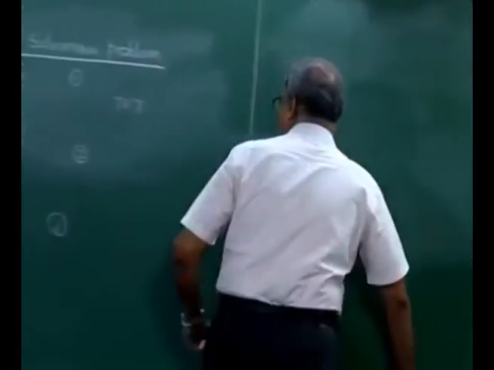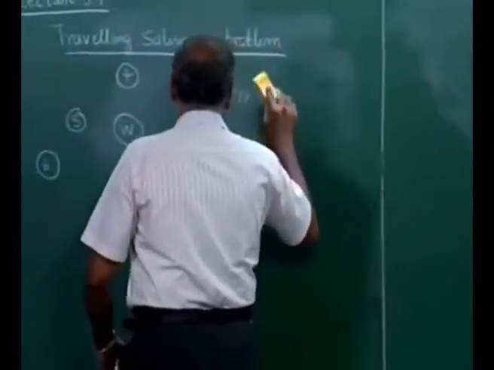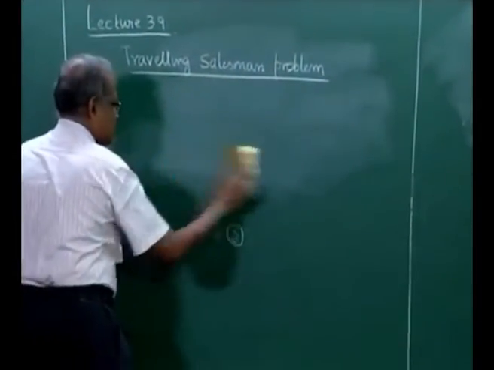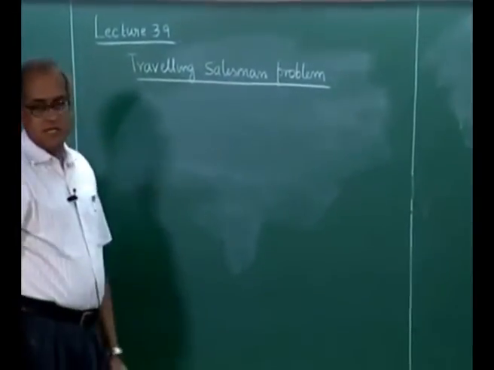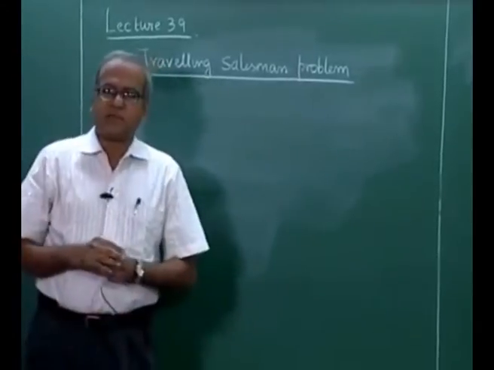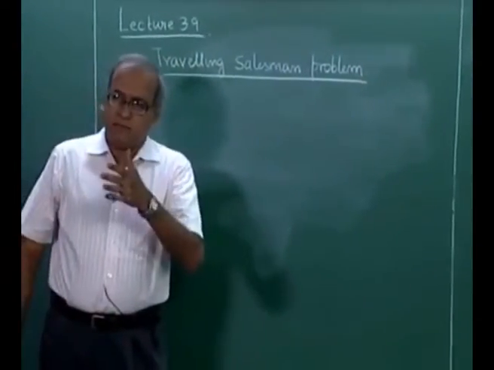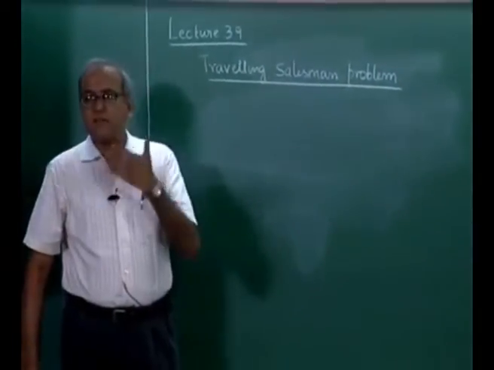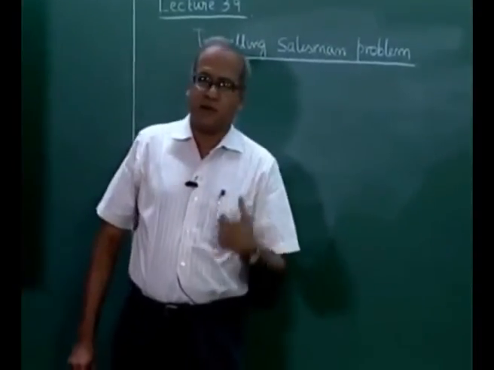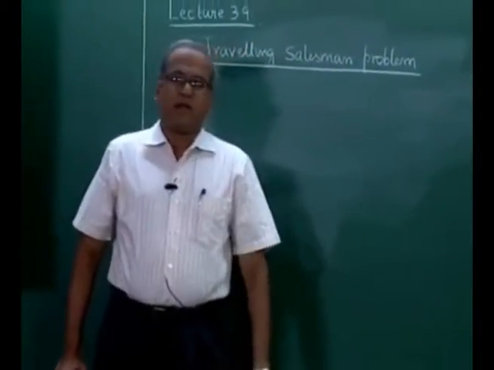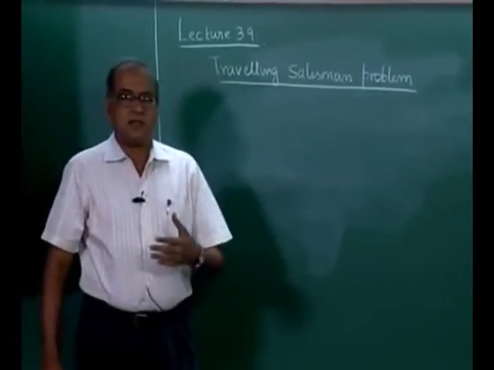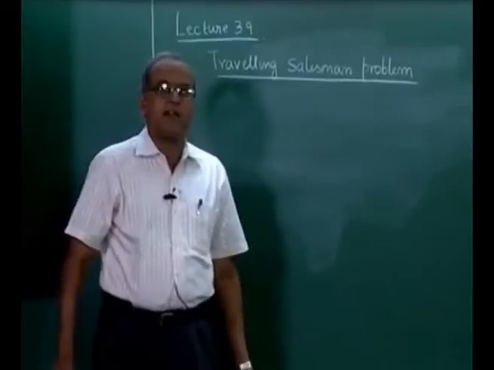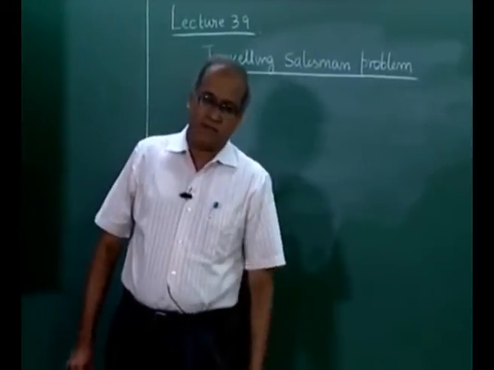Now we have already seen several aspects of the TSP in the advanced operations research course, where I have given the formulation for the traveling salesman problem, and also I have explained 2 or 3 different types of branch and bound algorithms to solve it, and I have also looked at a lot of heuristics extensively in that course where we have studied the traveling salesman problem in detail.